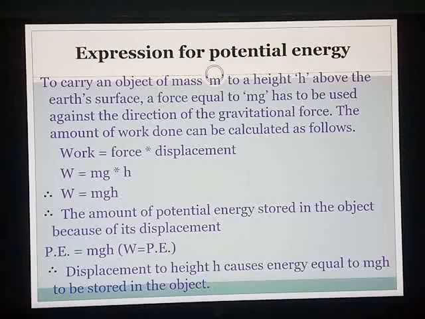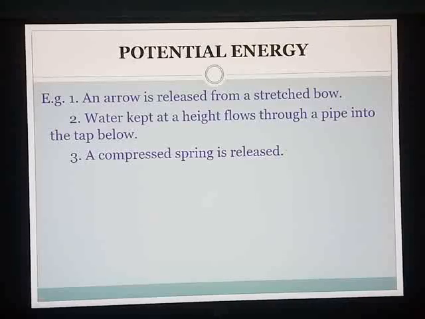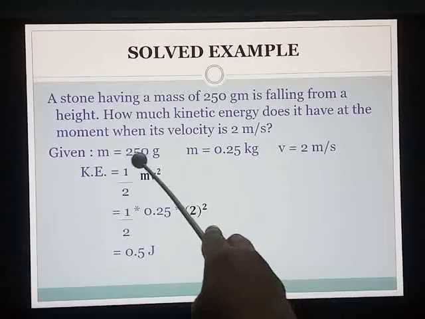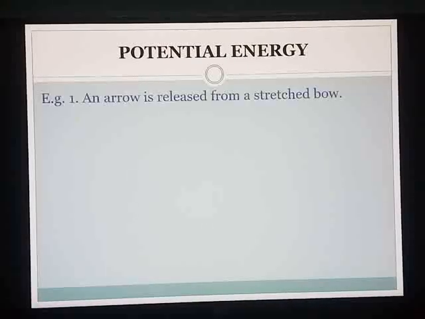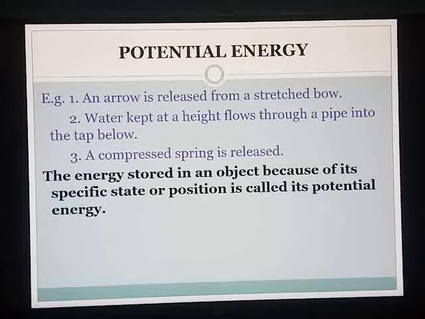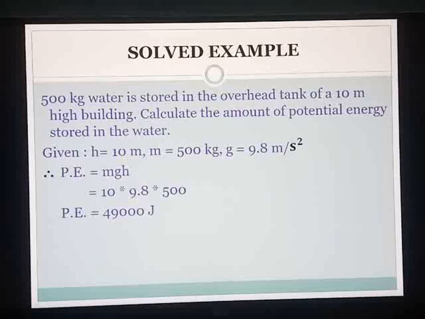So here today we have studied two formulae. One formula is for kinetic energy, that is half mv square. And next we have studied the formula for potential energy, that is potential energy is equal to mgh.